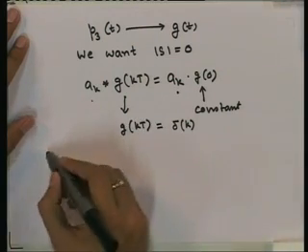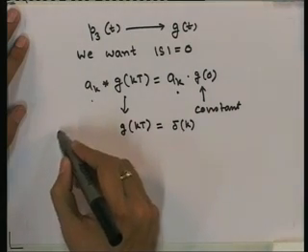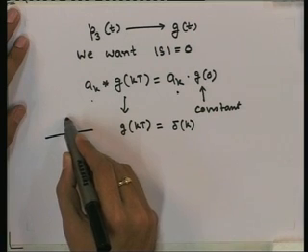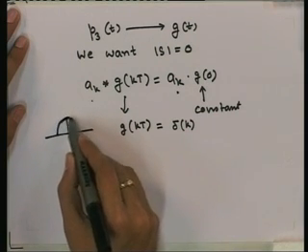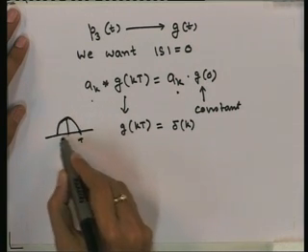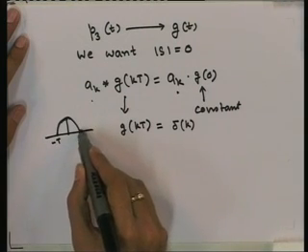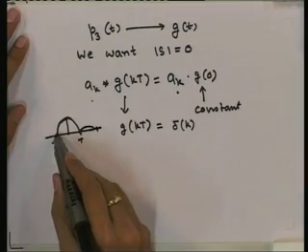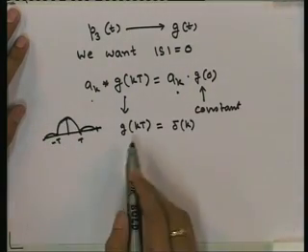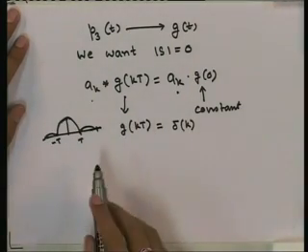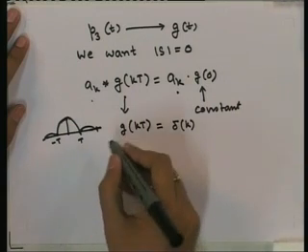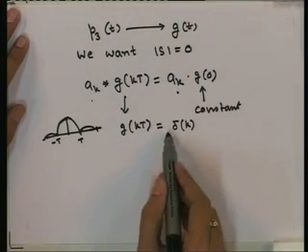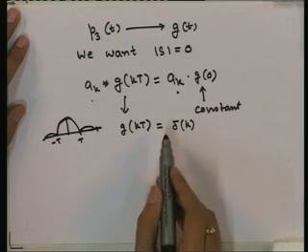So g should be such that at 0 it has value 1, and then it should come back to 0 at capital T, and then it may have some other value, but at 2T again it has to be 0. So that is the restriction we are saying, that g(t) should be such a pulse. This is the condition we need to ensure that ISI is 0.